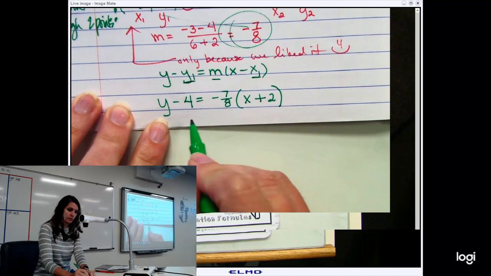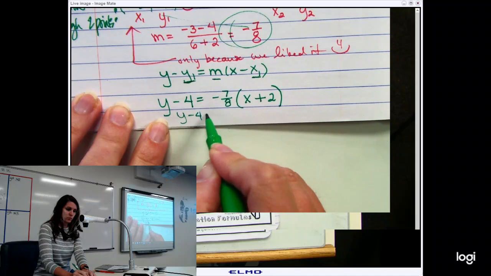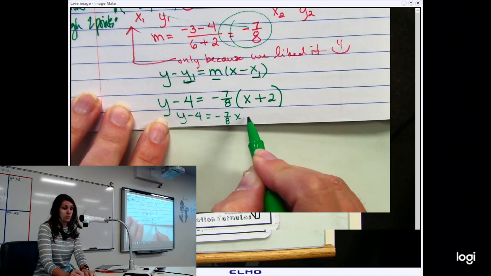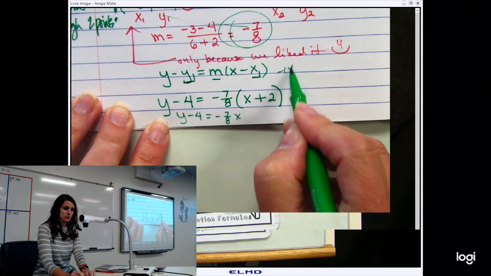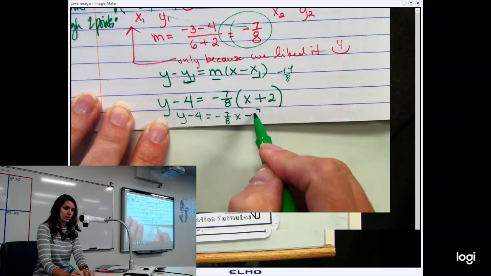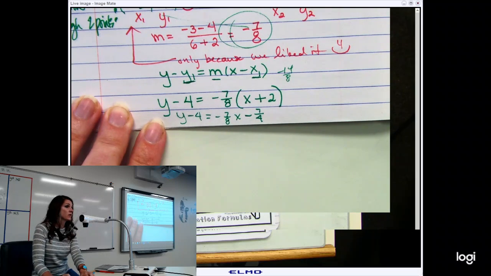Okay, let's distribute. Y minus 4 equals -7/8 x minus 14/8, which reduces to what? -7/4? If you don't like fractions, you're just going to grab your calculator. If you don't know how to do the fractions on the calculator, ask me and I'll show you how.